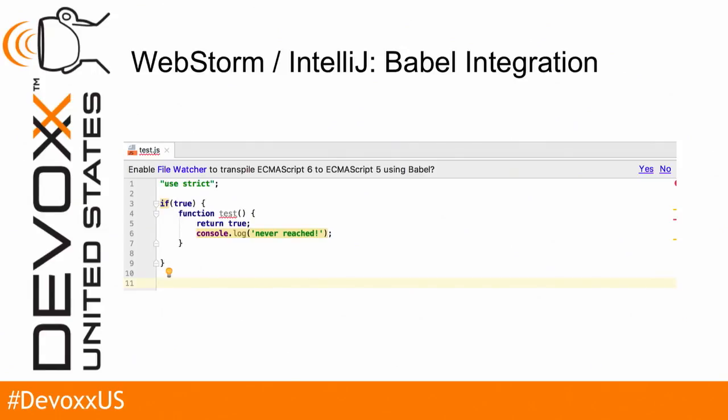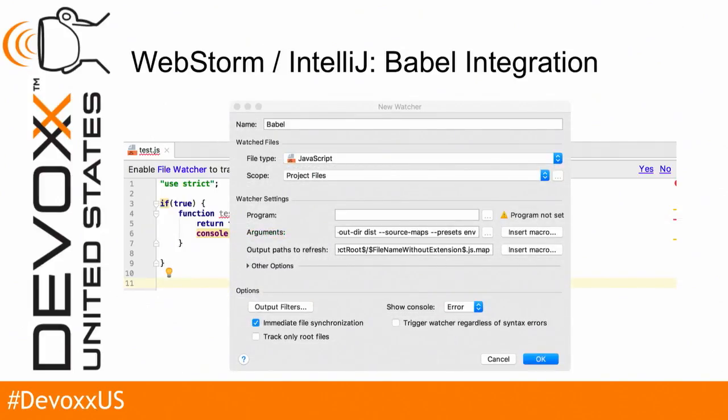It's got this Babel integration, so I started editing a file where I used some not HTML5 stuff, but it noticed with the code and says, File Watcher, do you want it to transpile to ECMAScript 5 using Babel? I say yes. It pops up this little thing saying, okay, where do you want me to put the generated code? And it does the transpiling for me built in.